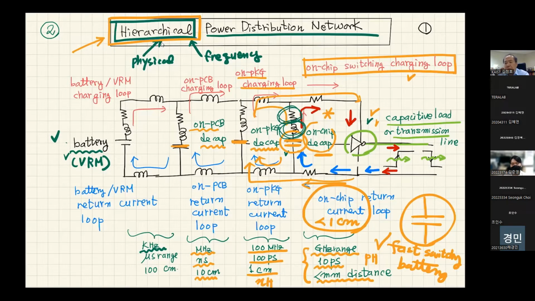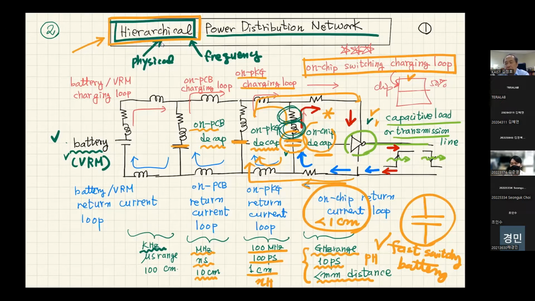As we have mentioned many times in the class, the number of I/O will increase and data frequency will increase, so switching current will be huge at high frequencies. So we're going to have to put more and more on-chip decoupling capacitors. Probably if this is your chip, 50% of your chip will be covered by on-chip decoupling capacitors.